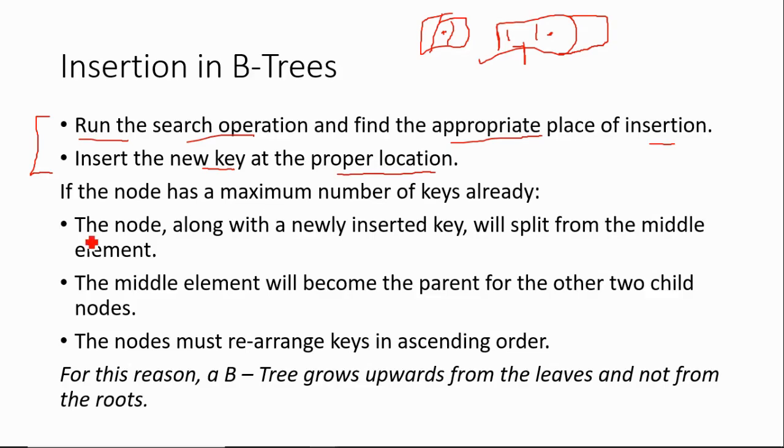So what we have to do is, for example, if there is a newly inserted key and there is an overflow, meaning the maximum number is reached, then we have to split that particular node. The next two points also say that the node along with the newly inserted key will split at the middle element. The middle element will become the parent for the other two child nodes.